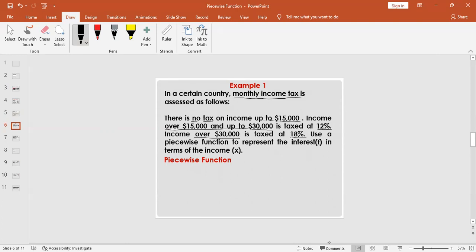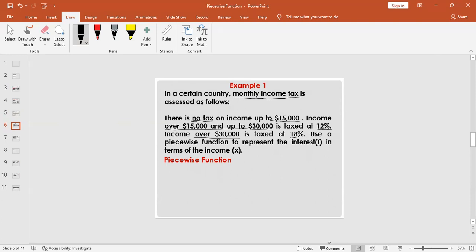In the first condition, wala daw magiging tax kung ang income ng isang tao sa isang buwan ay hindi tataas sa $15,000. We have there up to $15,000. So, pwedeng bumaba, hindi lang tataas. Hanggang lang siyang $15,000.